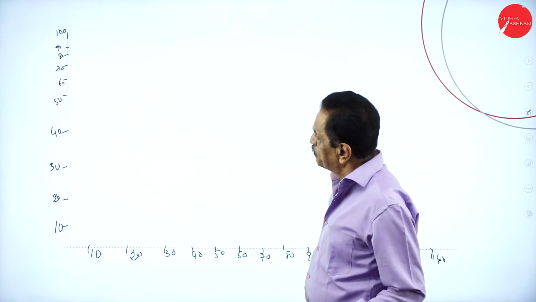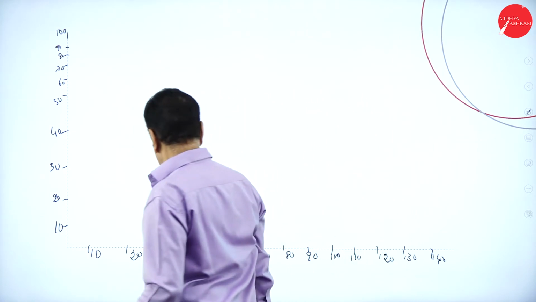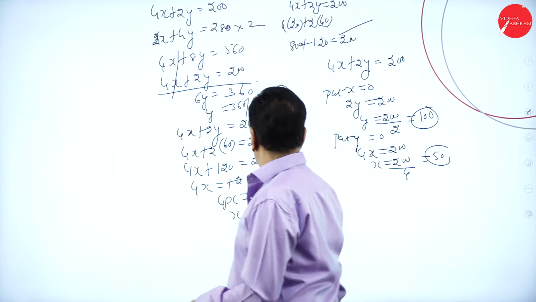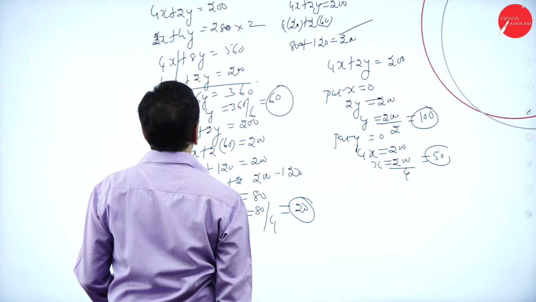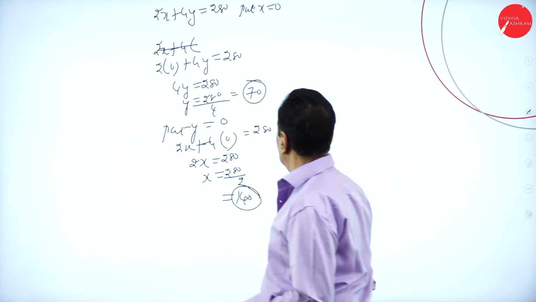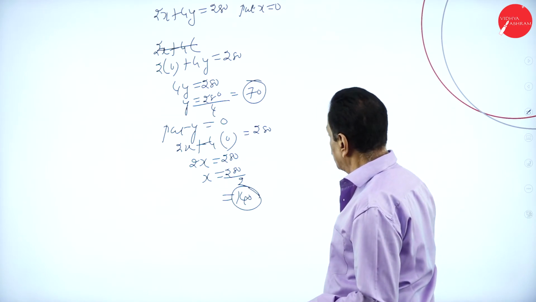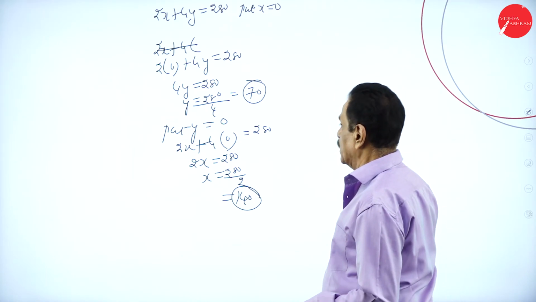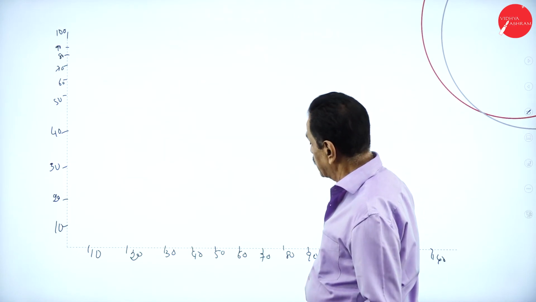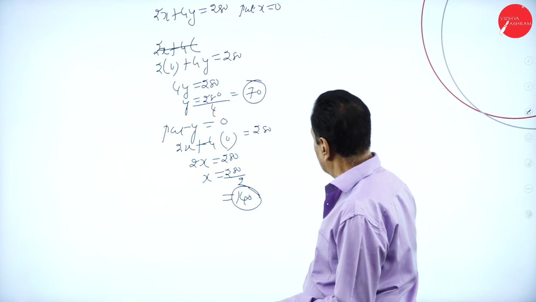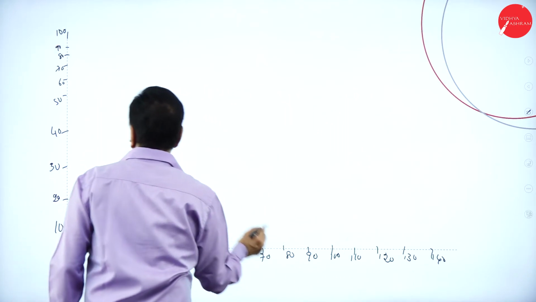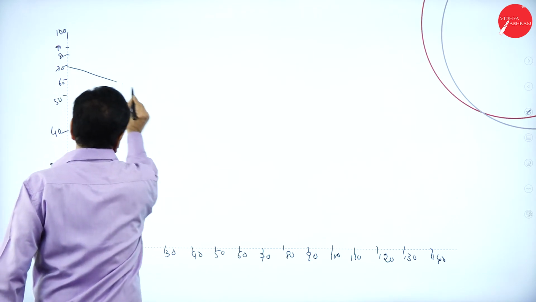So first equation, put x is equal to 0, y is 70, x is 140. 70 to 140, roughly.